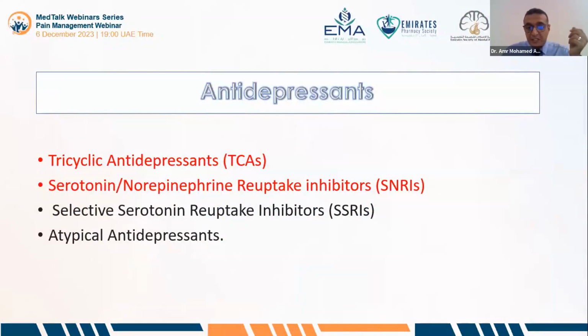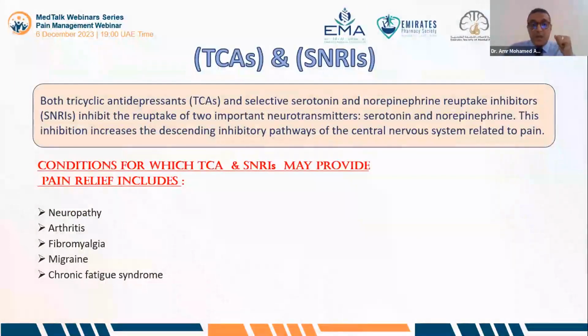First of all, antidepressants. We have the main categories: tricyclic antidepressants, serotonin norepinephrine reuptake inhibitors, selective serotonin reuptake inhibitors, and atypical antidepressants. The main 2 groups that have an impact as adjuvant analgesics are tricyclic antidepressants and SNRIs. Both inhibit the reuptake of 2 important neurotransmitters, serotonin and norepinephrine.